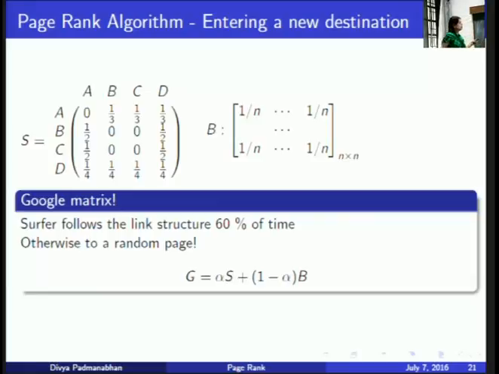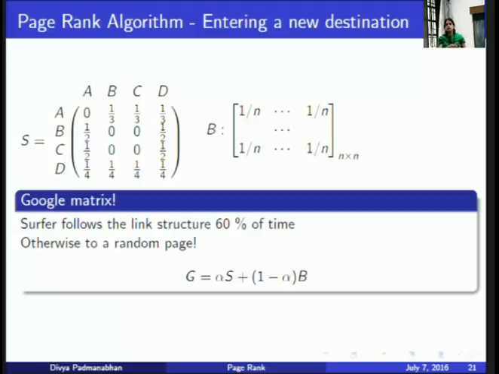You assume that the surfer follows the link structure most of the time, and sometimes he makes a jump. For that you form a new matrix G, which is alpha S plus 1 minus alpha times B, where alpha is tunable; you can set it however you want.